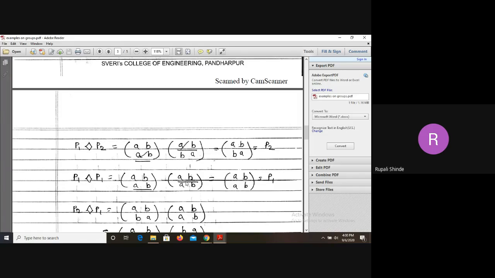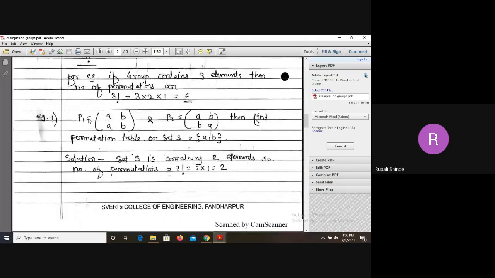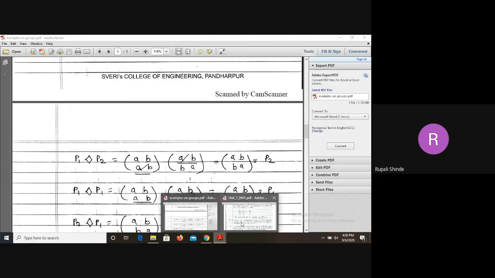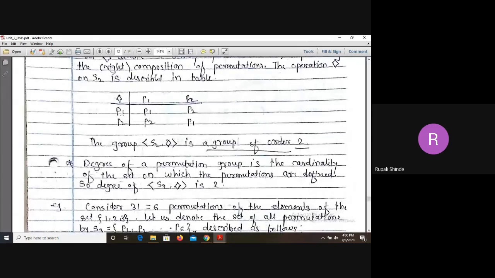Then only we can cancel it. Check here: the second element is AB and the third element is AB. So these two are the same, that's why we can cancel it and we get AB, AB as the final result. This is the value for permutation P1. So we can write the value for P1 permutation P1 as P1. This is the first value.